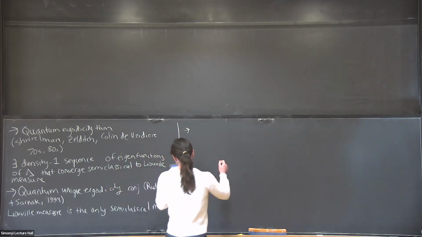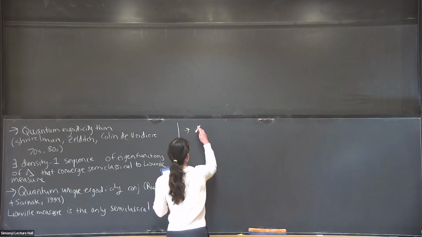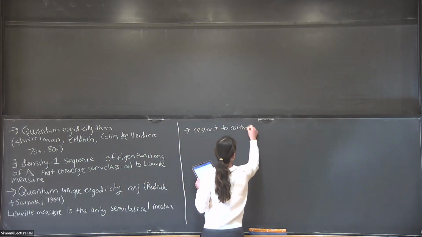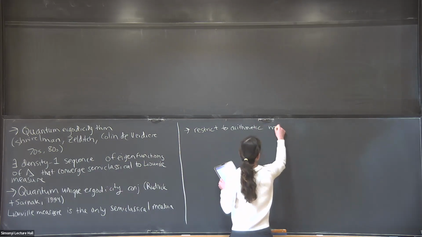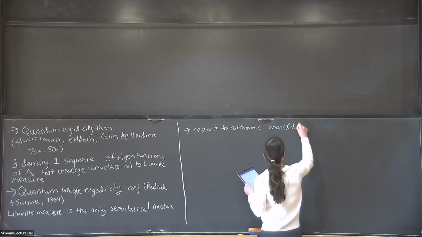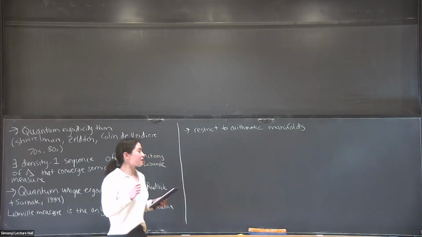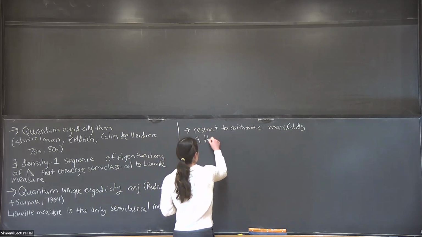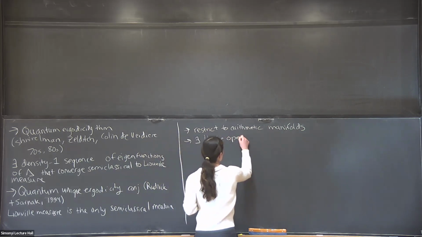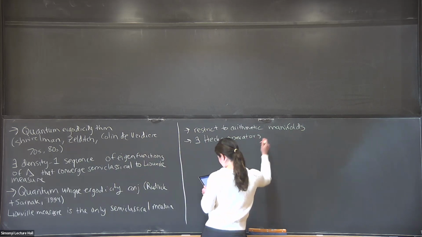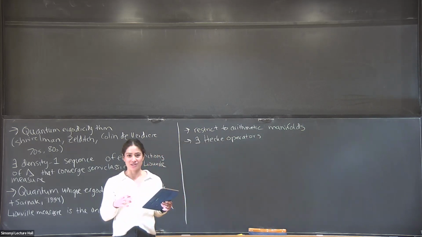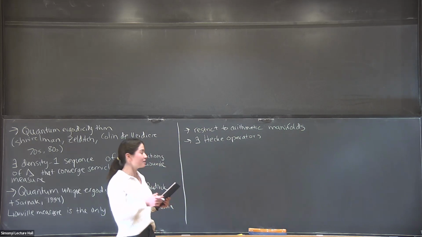Right, so the first restriction we're going to make is we restrict to arithmetic manifolds. And the nice thing about restricting to arithmetic manifolds is we have the existence of Hecke operators, which are averaging operators, and they are a commuting family of bounded normal operators, and they also commute with the Laplacian.